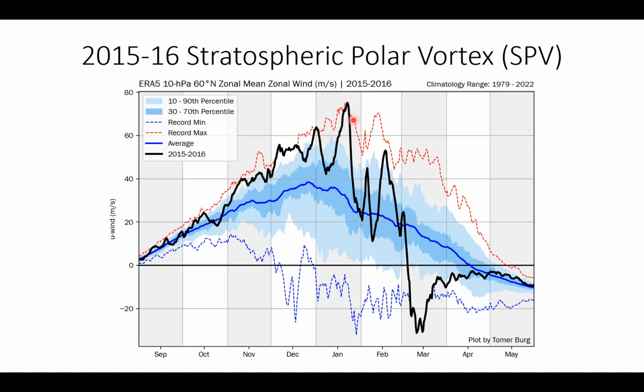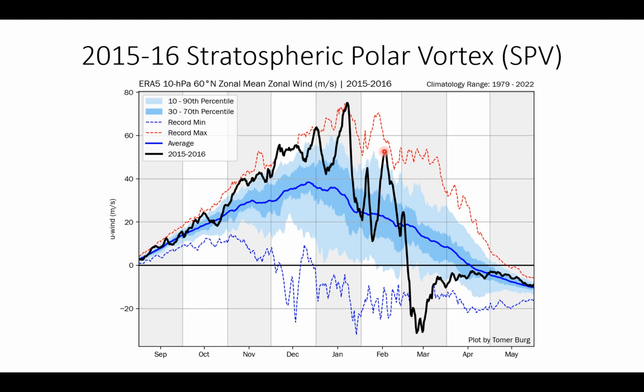But really, look how it climbs up and gets stronger, the stratospheric polar vortex, how these winds increase on the positive side of things. So there was a very strong stratospheric polar vortex into early January, and then there was a little bit of a weakening here, pretty significant weakening actually, around mid-January.